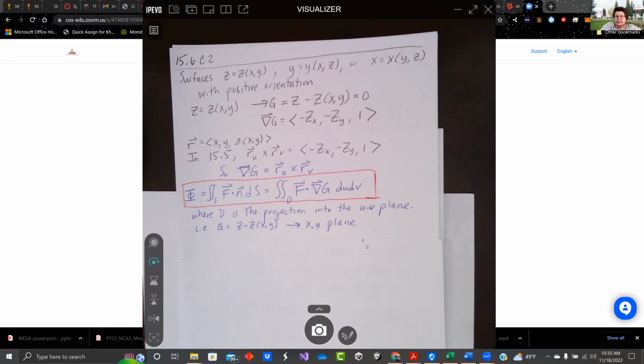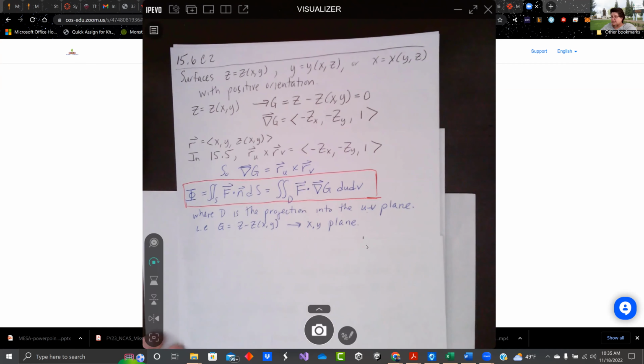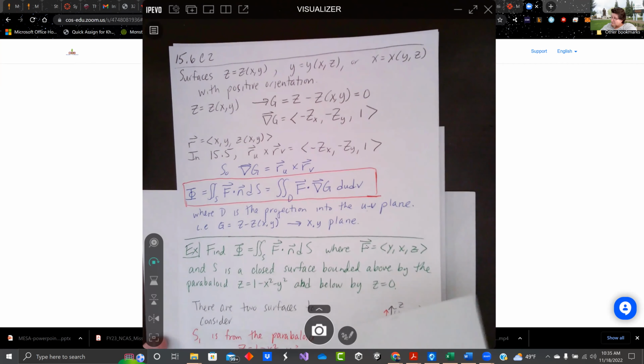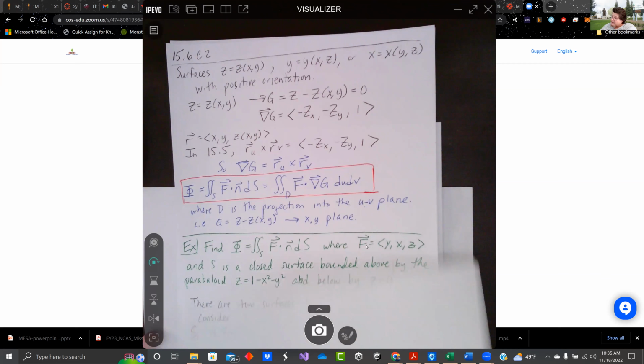We can rewrite this: r_u cross r_v is just the gradient of G. So rather than doing F dot n dS, we just have F dotted with the gradient of G, du dv. And since uv is in the xy plane, that's what we're going to have.